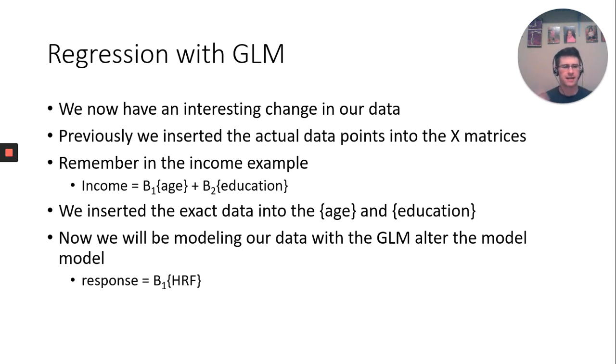We're using data to model data, which is kind of screwy. In our case there's age for income; here we have hemodynamic response for hemodynamic response. We're going to use a model, and what that model does is give us a level of activity. So instead of putting our actual data into this little curly bracket, we're going to put that shape. I'm going to overlay that shape in time, if that makes sense.